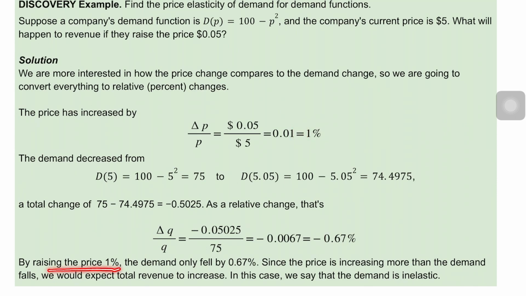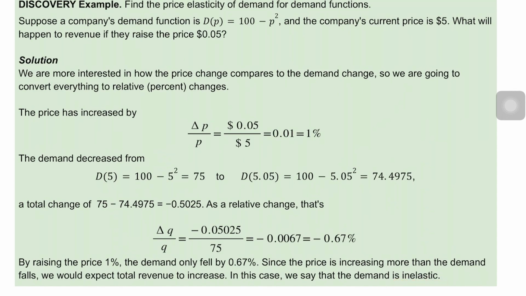So if you increase the price by 1%, the demand will only fall by 0.67%, smaller than 1%. Since the price is increasing more than the demand falls, we would expect that the total revenue would increase. In this case, we say the demand is inelastic.